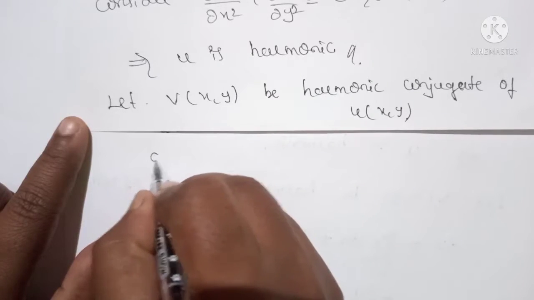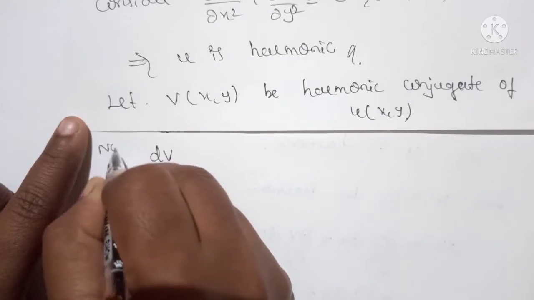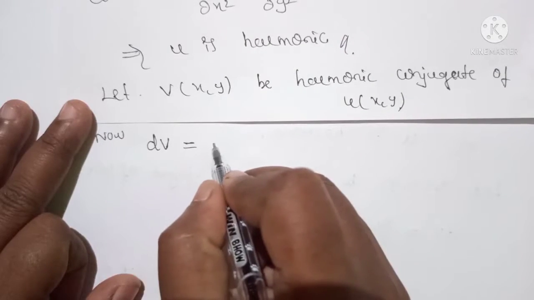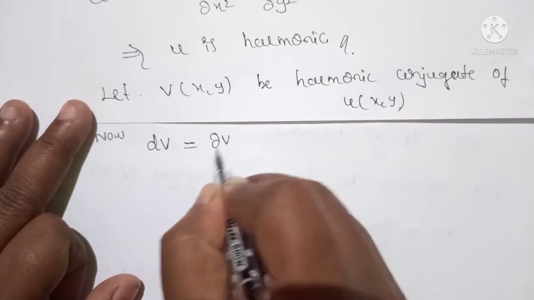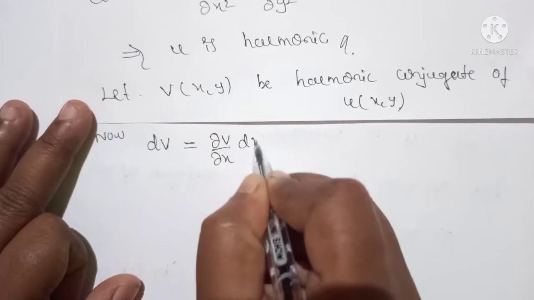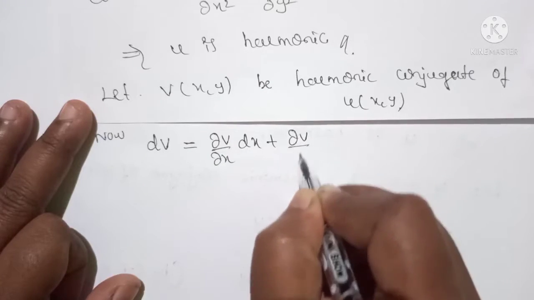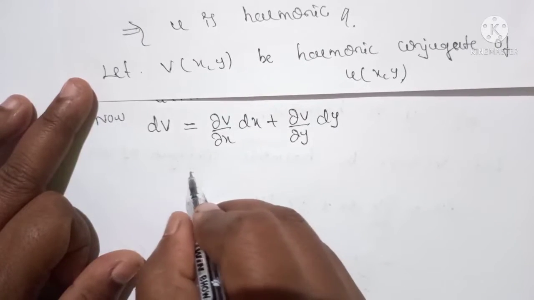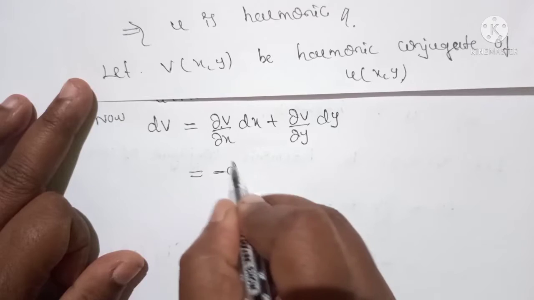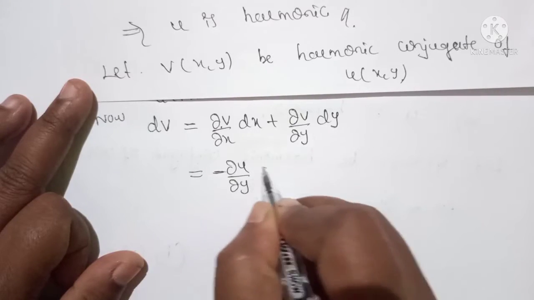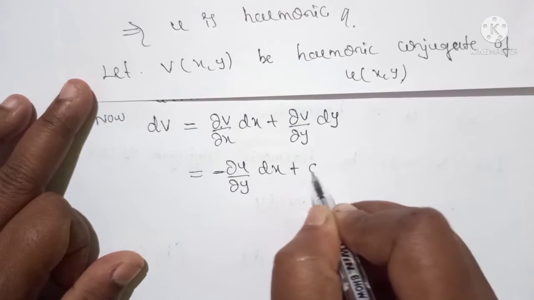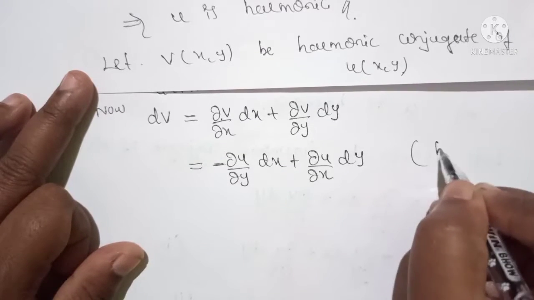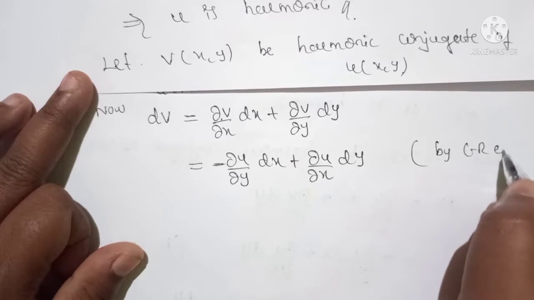So thus dv is equals to dou v by dou x into dx plus dou v by dou y into dy. So by the CR equation, this can be replaced by minus dou u by dou y into dx plus dou u by dou x into dy. So this is by CR equations.